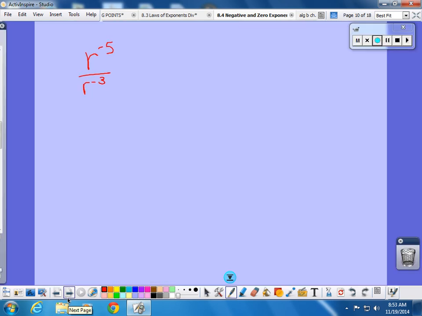Alright, let's look at this. You can look at this a couple of ways. You can say, I'm going to move both of them, make them positive, and then do the quotient rule, or you can just do the quotient rule and then simplify what you need to do. So it does not matter what rule you use first. If I decided to flip them around and then use the quotient rule, I get 1 over r squared.